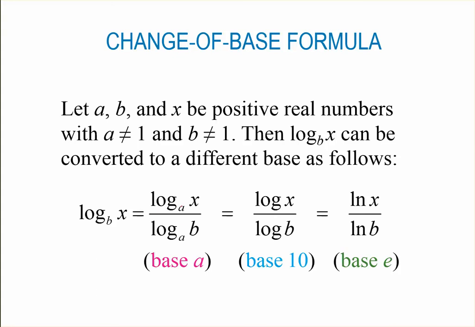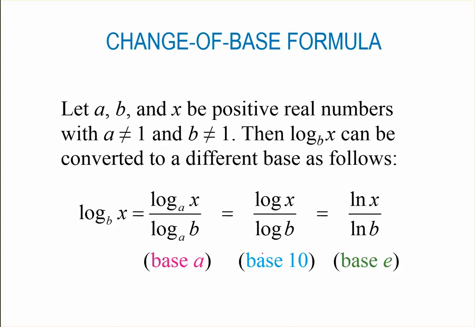You put in the log of the base you like with the x, divided by the log of the base you like of the previous base. Usually the two calculator functions you have are base 10, so you go log of x divided by log of b, or log of the number divided by log of the previous base. It also works for ln, because you can change to any base anyways. Because these are just ratios of each other, it's ln to ln, or log to log, they're going to give you the same answer.